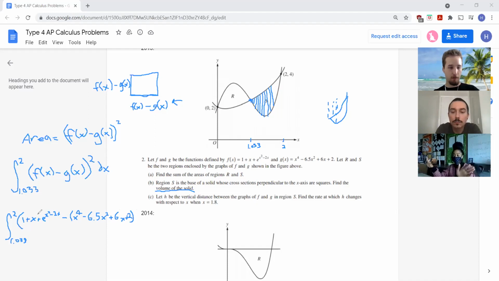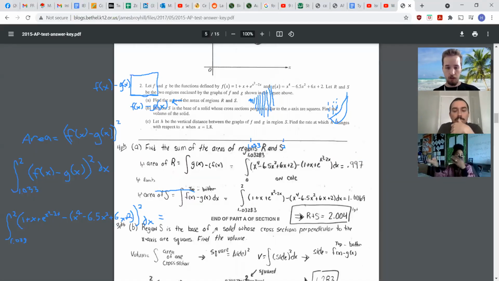So I did f of x minus g of x, but this is all squared, right? Because we're doing squares. And when you plug this into your calculator, you get an answer. And the answer is 1.283.